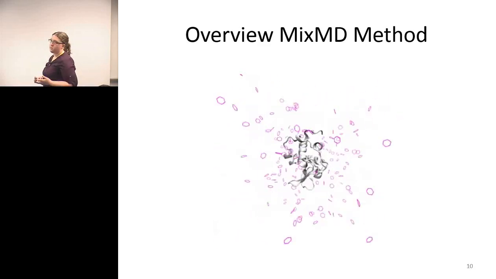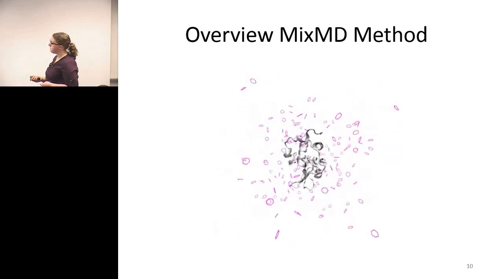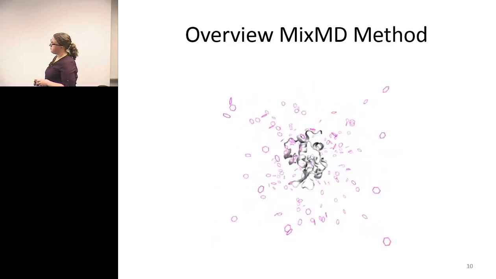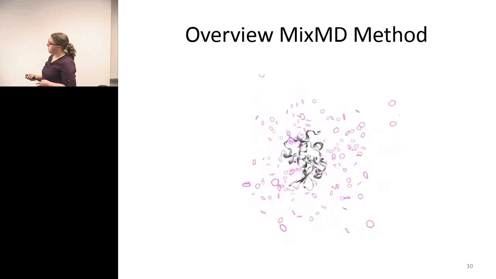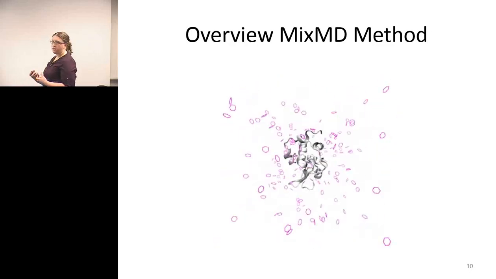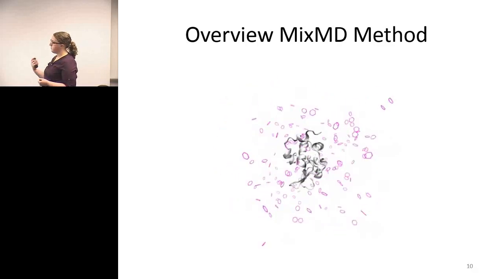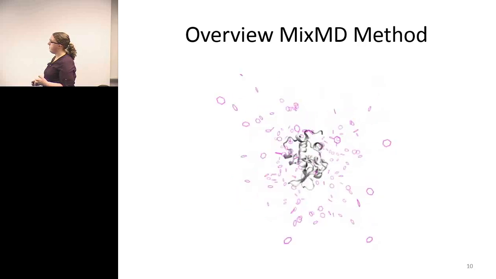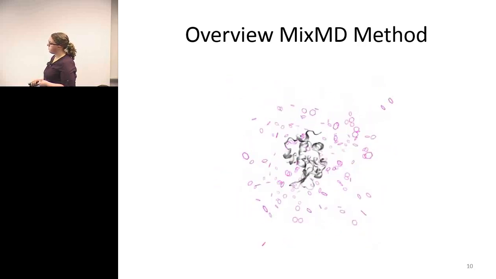Obviously, the side chains are moving as well, but we're not showing those. And then the probes and the water are able to sample different positions on the protein surface through the simulation. You can see that there are some sites where a probe molecule might come on and interact for a long time. There'll be other sites where the probe molecule or the water will just come on and off and make shorter interactions.